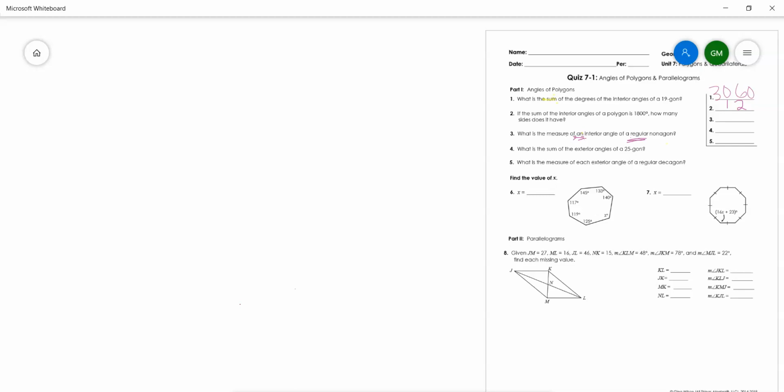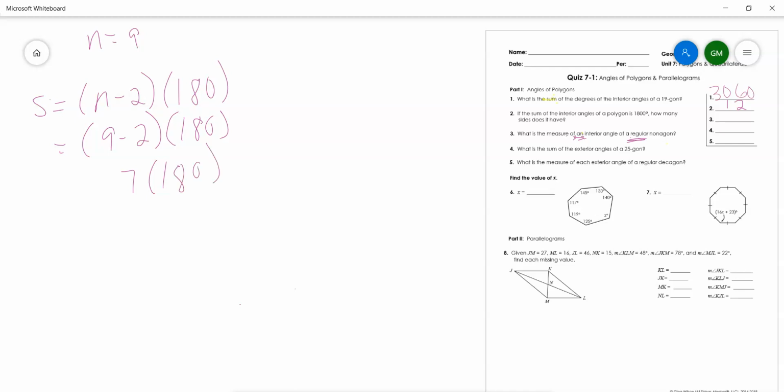So first we need to find the sum of the interior angles. So n minus 2 times 180. n is 9. So that's going to be 9 minus 2 times 180, so 7 times 180, and it's going to equal our sum.